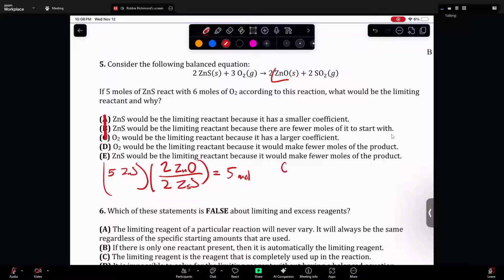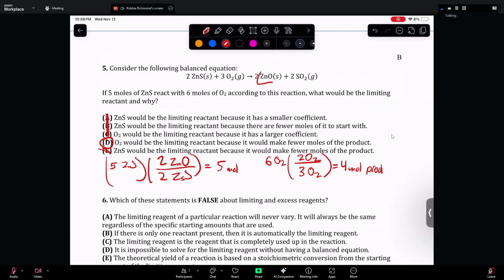Then for oxygen, 6 mole of O2, 3 mole of O2 generates 2 of ZnO. So our limiting reactant would be oxygen in this case because it generates 4 mole of our product. Cool. Continuing on.